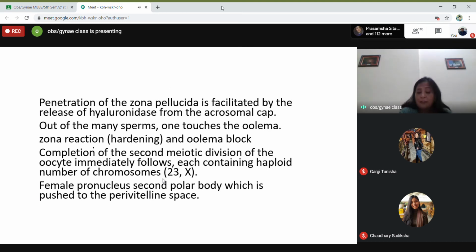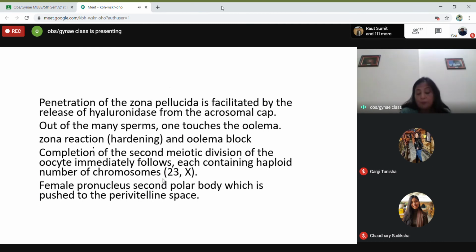There will be formation of the second polar body, which is pushed into the perivitelline space. The second polar body contains a small quantity of cytoplasm, and the secondary oocyte contains the larger quantity of cytoplasm.